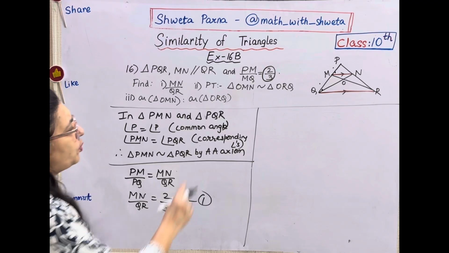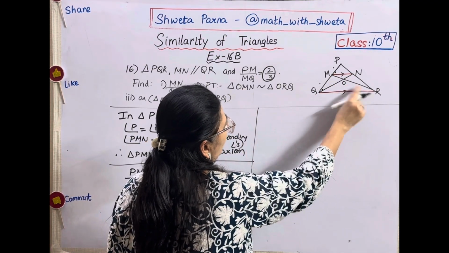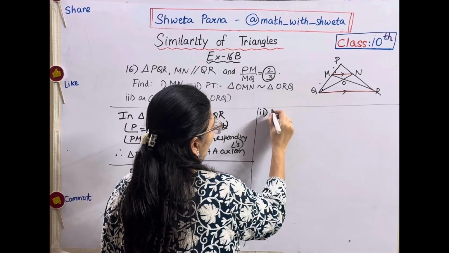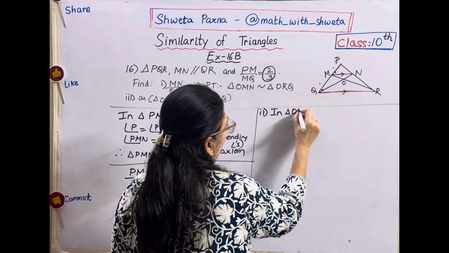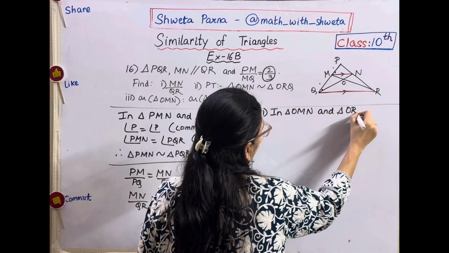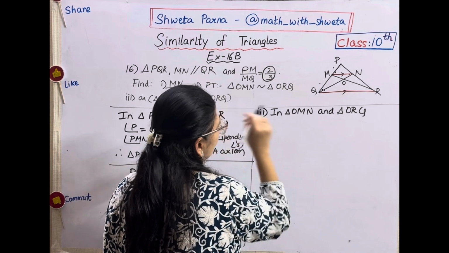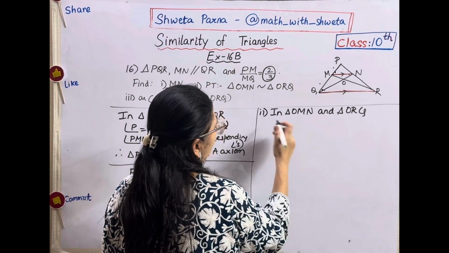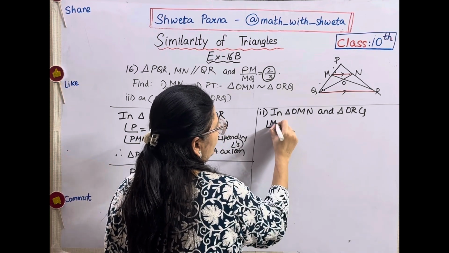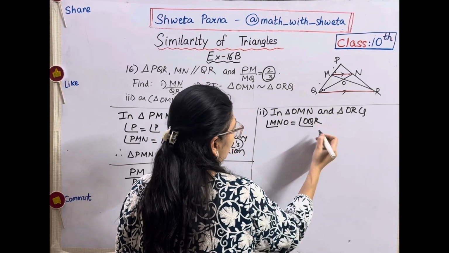Now we come to prove that triangle OMN is similar to triangle ORQ. So in triangle OMN and triangle ORQ, first, alternate angles: angle MNO is equal to angle OQR, alternate angles.